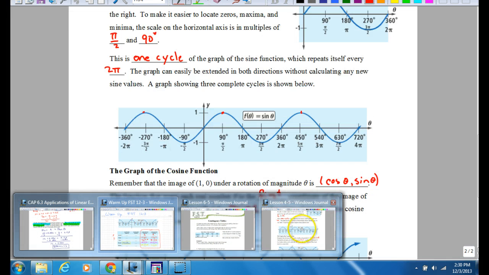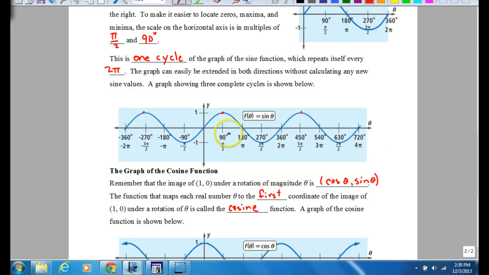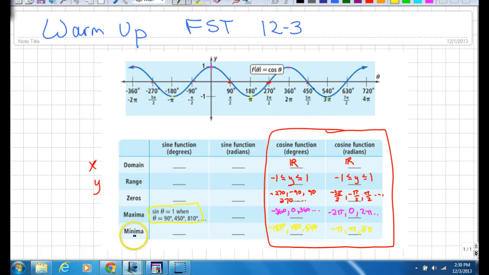And then if I look at the max, what is it in radians? It's pi over 2, 5 pi over 2. So this will be pi over 2, 5 pi over 2.